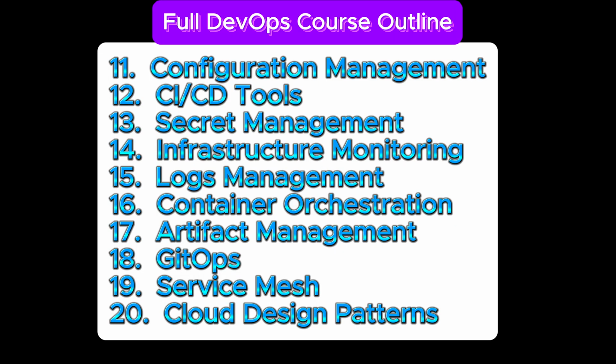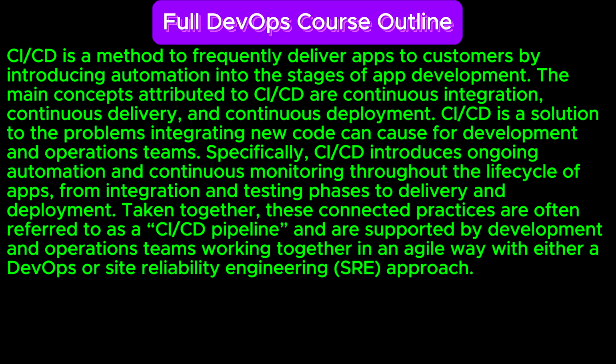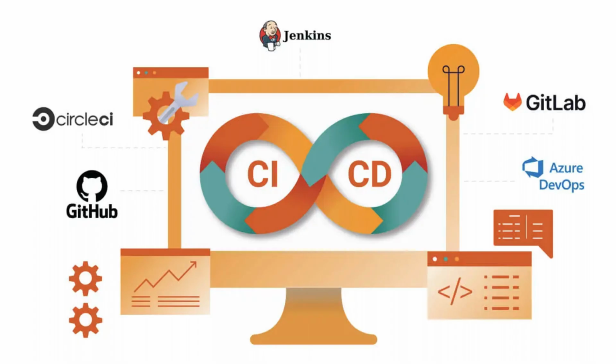Then any DevOps engineer must have knowledge of CI/CD tools. In CI/CD tools, we have TeamCity, Jenkins, which is very famous, CircleCI, Drone, Travis CI, GitLab, and GitHub Actions. And we will be using GitHub Actions, which is a continuous integration and continuous delivery platform integrated directly into GitHub repositories.